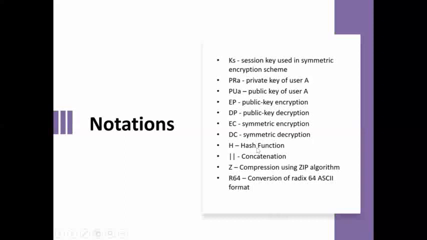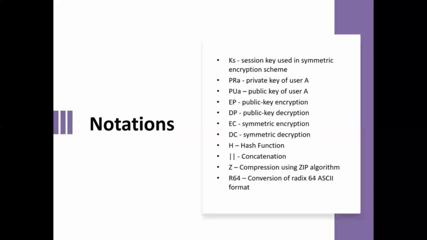Then H is the hash function. This function generates the hash code. Concatenation is used to append data. Z is compression, that is the zip algorithm, used for compressing the data.